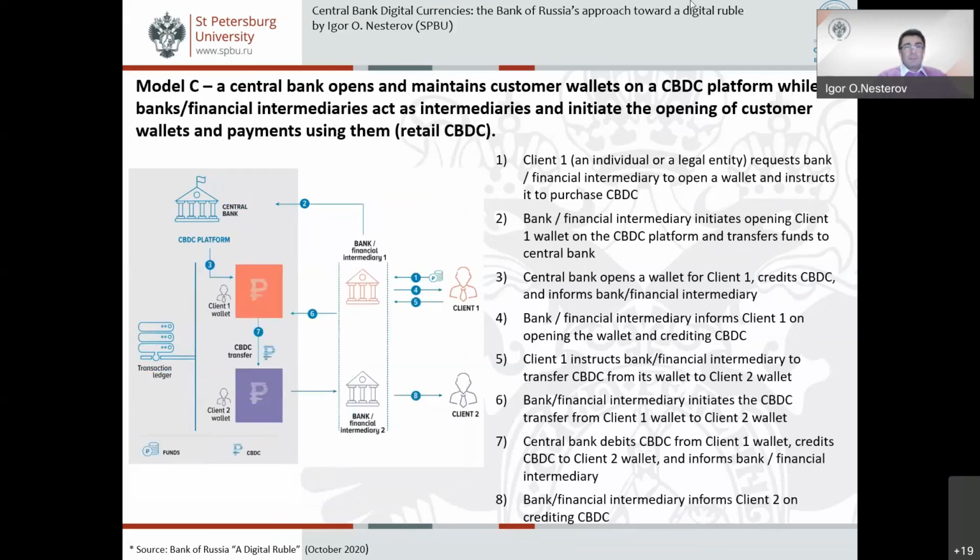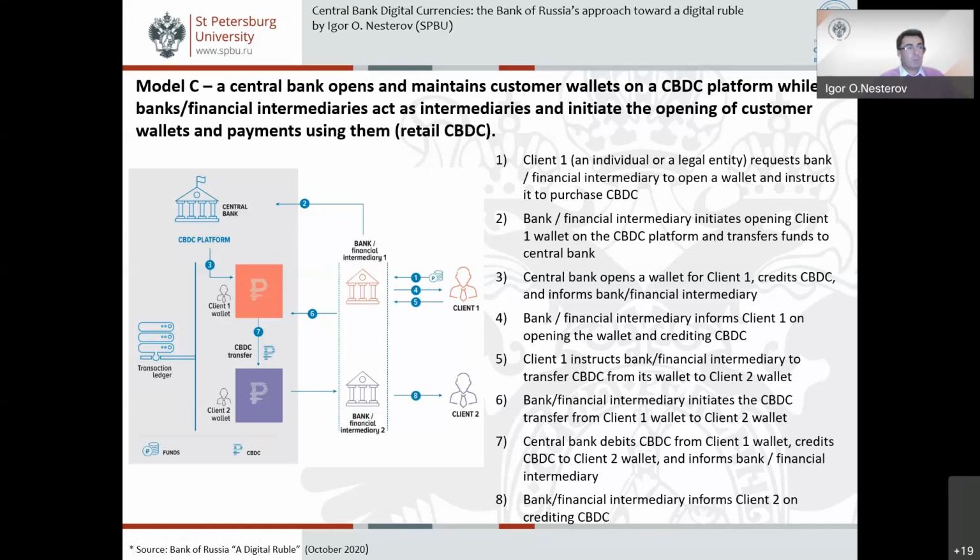Model C, the third model. That is a model where the central bank can open and maintain customer wallets on a CBDC platform, while banks and other financial intermediaries act as intermediaries and initiate the opening of customer wallets and payments using them.